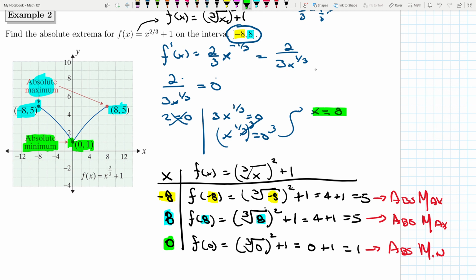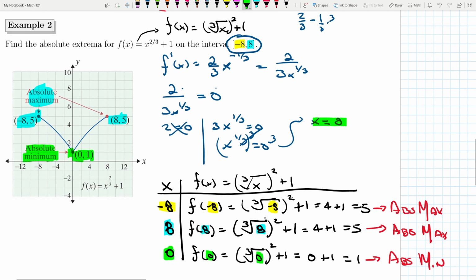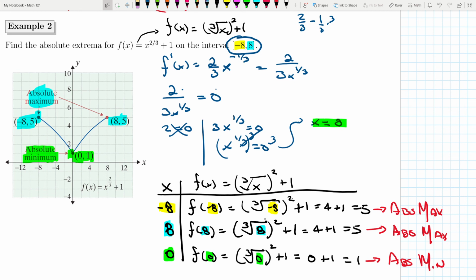Like I mentioned before, these kinds of problems are typically a lot shorter than the ones we did in the previous section. So these were a couple of examples on how to find the absolute extrema for this function. All right, I think this is a good place to quit, and I'll see you in the next video.